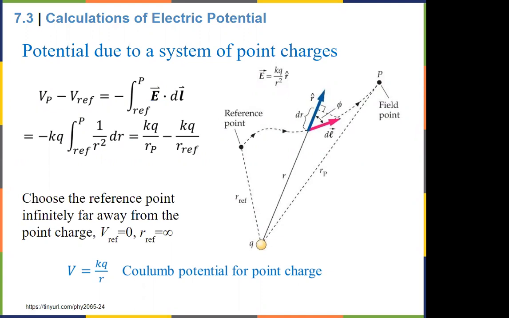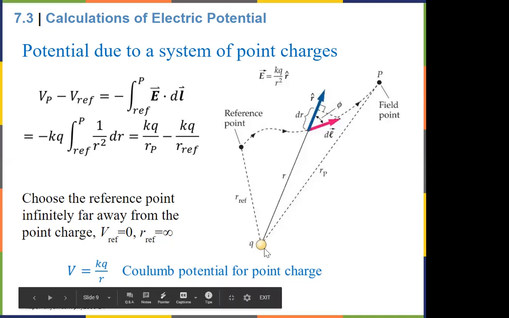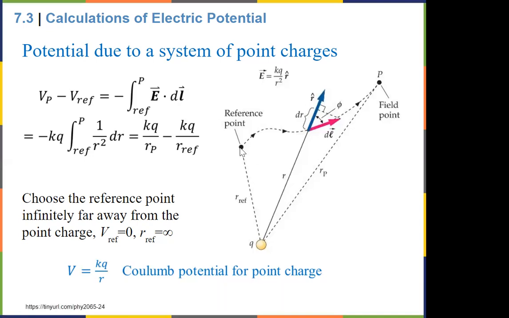If you have a point charge over here, a point of interest over here, and this is your reference point, what will be the potential difference between these 2 points? You do the potential of this one minus that one, which gives you delta V.